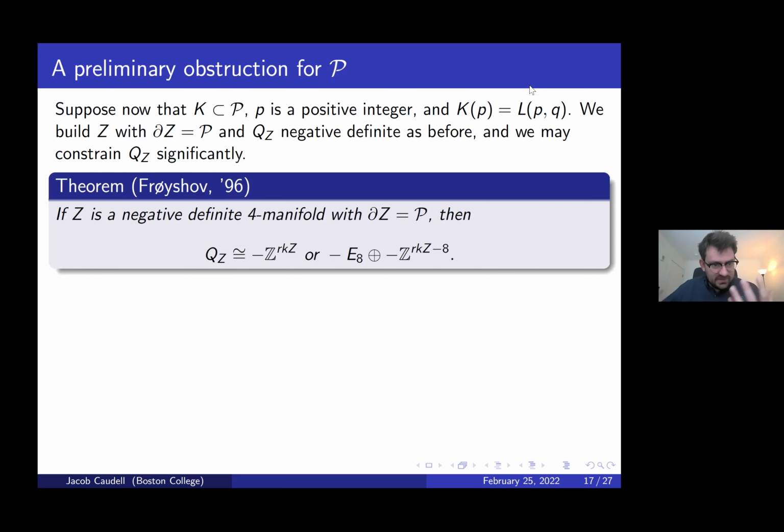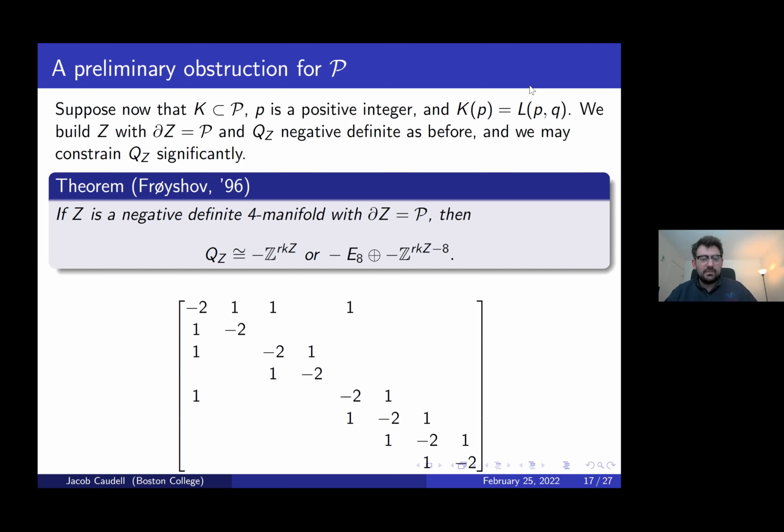And so the theorem is this: if Z is a negative definite four manifold whose boundary is the Poincaré homology sphere, then the intersection form of Z is either this diagonal form, or it's minus E8 plus a diagonal form, where the pairing on minus E8 is given by this matrix here, which is the same E8 as in rep theory and Dynkin diagrams.